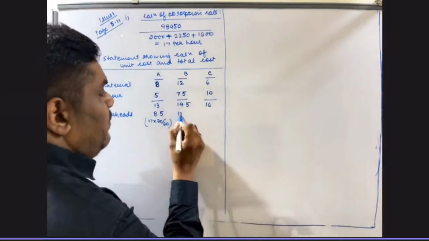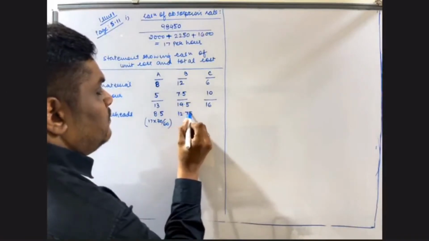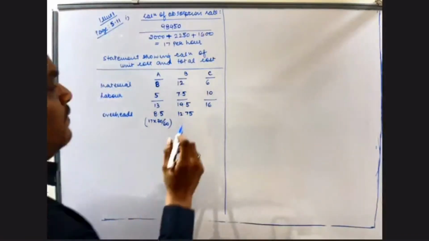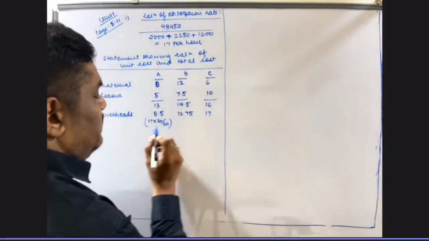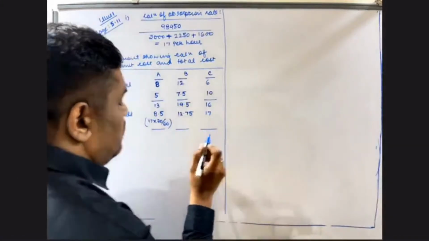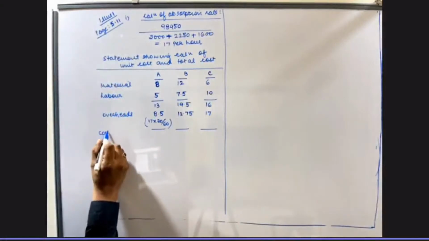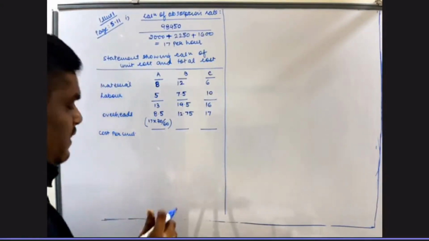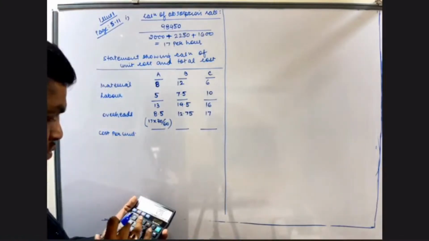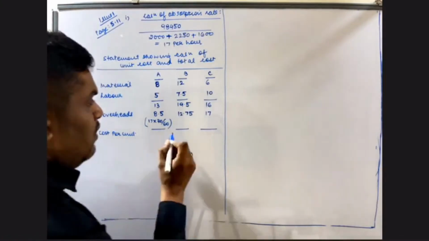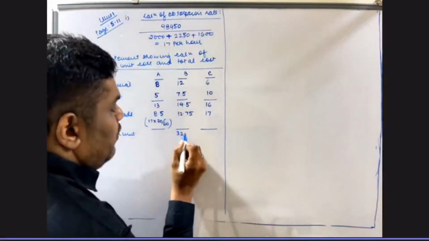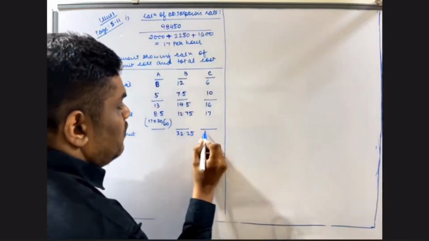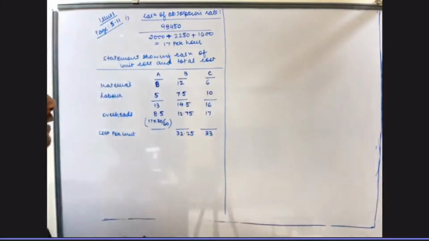This will be 12.75, and this will be 70. So my cost per unit will be 32.25. This will be 33.